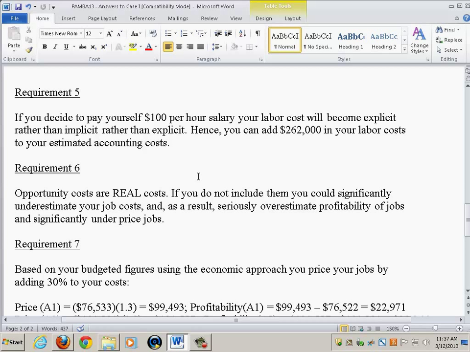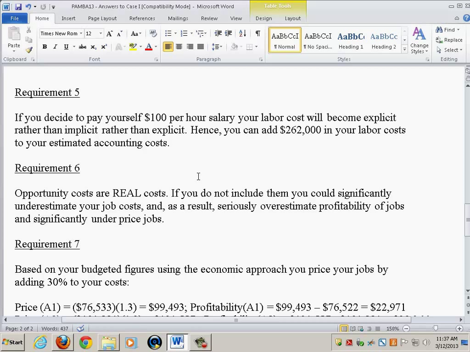Because the original case said you're not paying yourself a salary. If you need money, you take it out of the profits of the business. But now we're saying you could decide that you want to pay yourself a salary. After all, you're working hard, right? Why not? Well, what will happen?